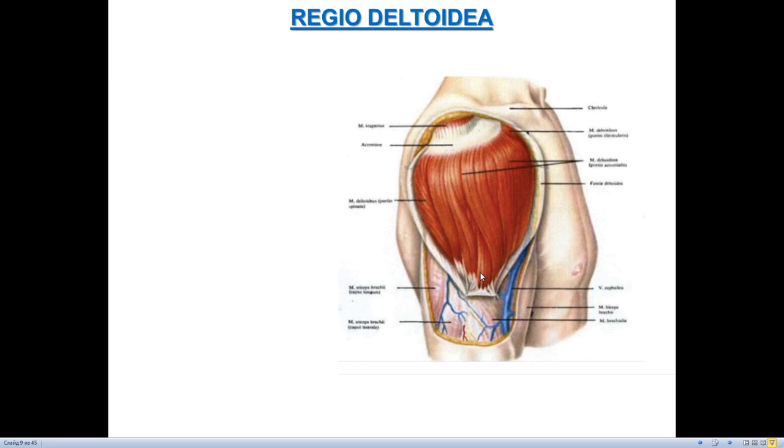Except the posterior artery, in the subdeltoid space passes arteria circumflexa humeri anterior.